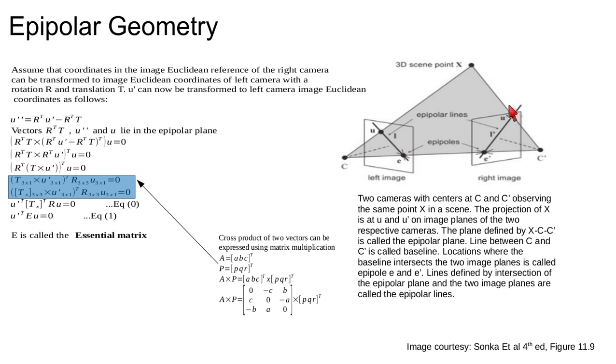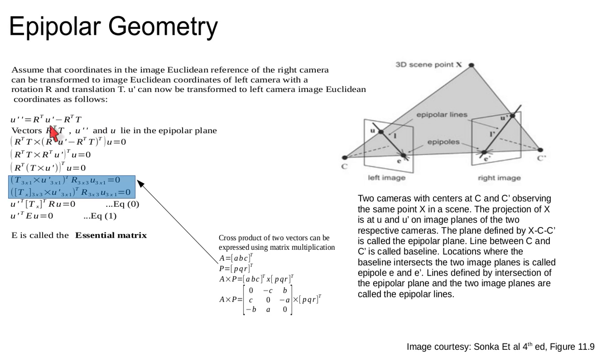So the point u dash, which is the projection of x on the image plane of camera c dash, can now be transformed into the left camera coordinates in the following manner. So u double dash is the coordinates of u dash with respect to the left image Euclidean coordinate system. That is obtained as r transpose u dash minus r transpose t.